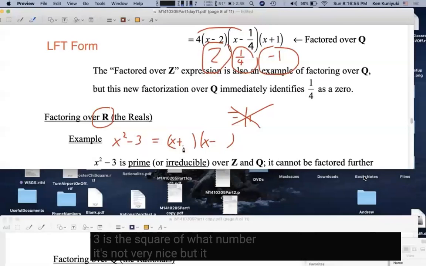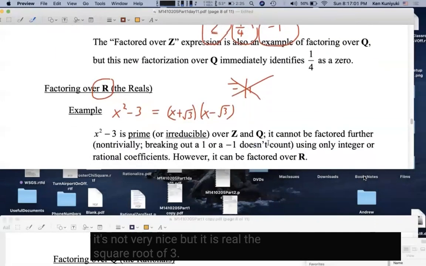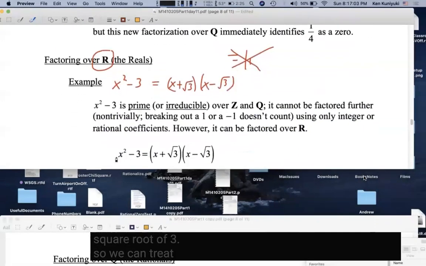It's not very nice, but it is real. The square root of 3. So we can treat x squared minus 3 as a difference of 2 squares, maybe not nice squares, but a difference of 2 squares. x squared minus 3 can be factored like so, or vice versa. You can switch the factors. The factor x plus root 3 times the factor x minus root 3.